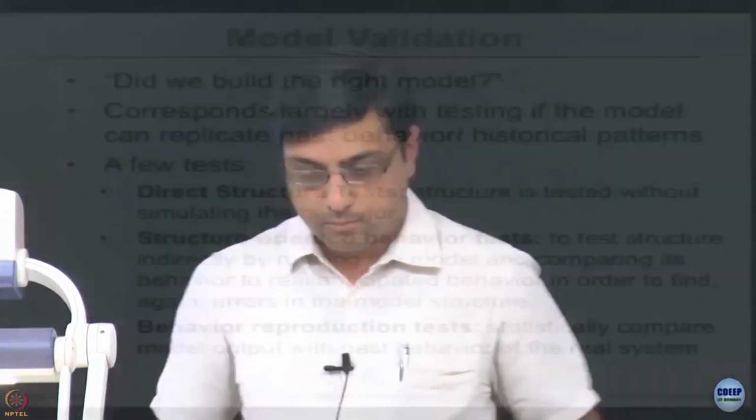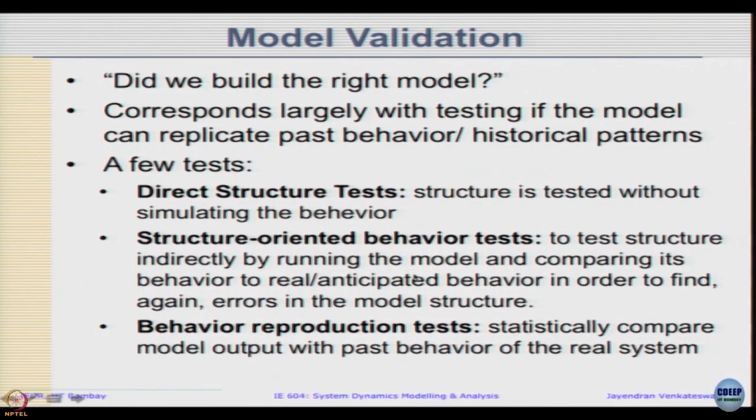So, model validation talks about whether we build the right model. In verification, did we build the model right? That was the question. That means given the specification, we want to check whether we captured all those requirements within our model. In model validation, we want to ensure that we model the correct problem.